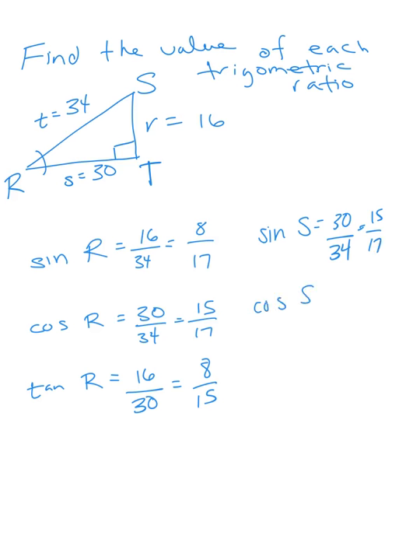Cosine of angle S, adjacent is 16, the hypotenuse is 34, reduces to 8 over 17. Tan of angle S, the opposite is 30 over the adjacent, which is 16, 15 over 8.